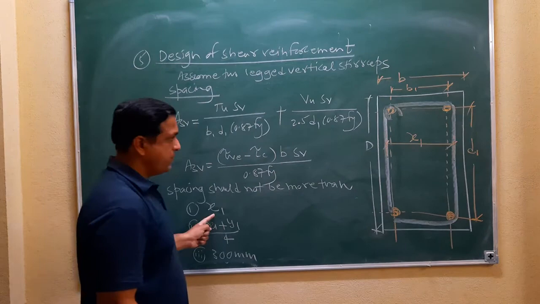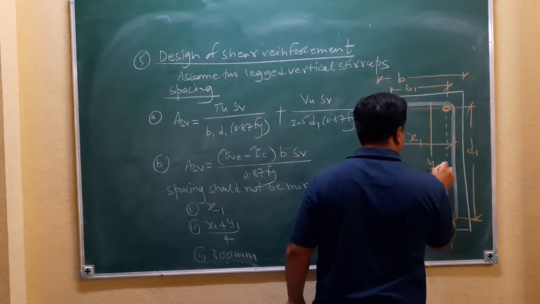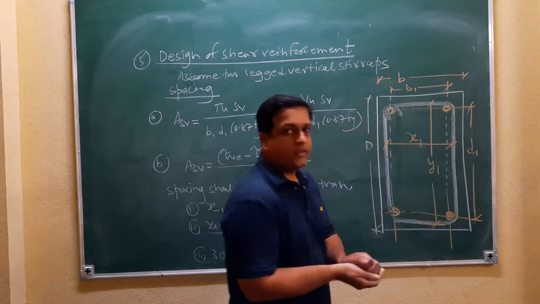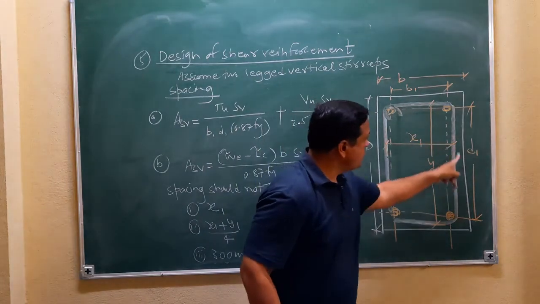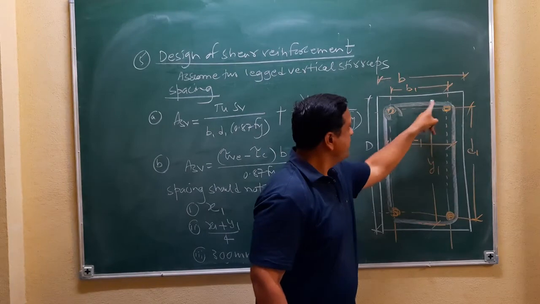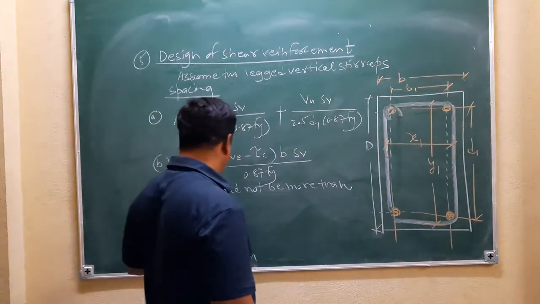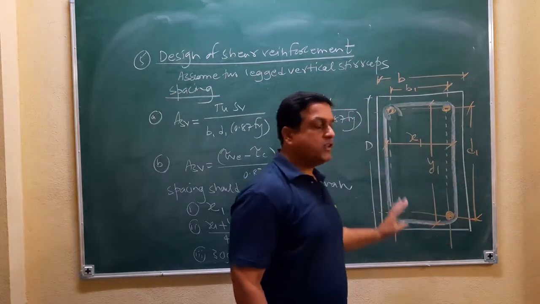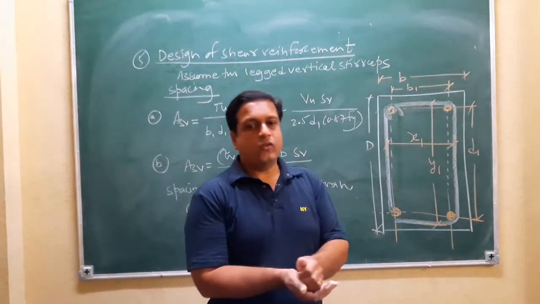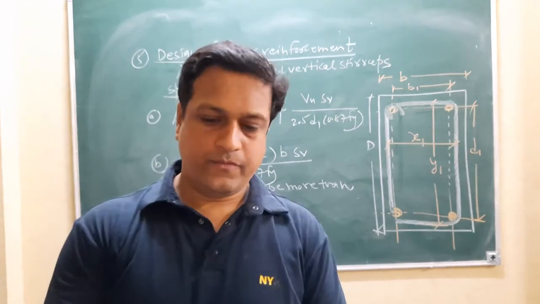And the center to center distance between these two stirrup legs, when we measure vertically, is y1. So find out all the dimensions, put them in this formula, and calculate the spacing.